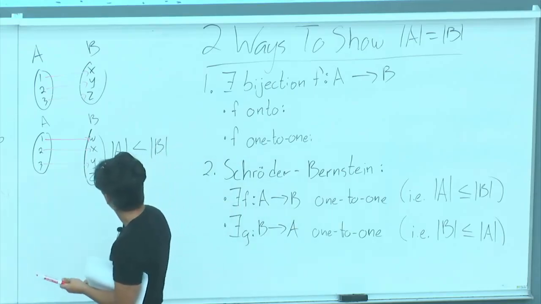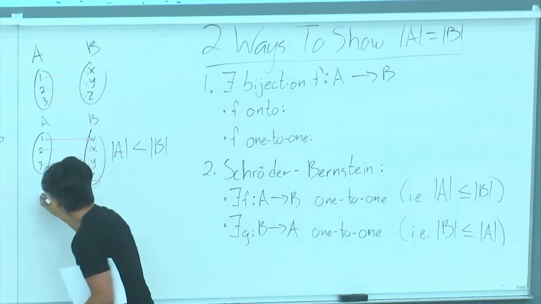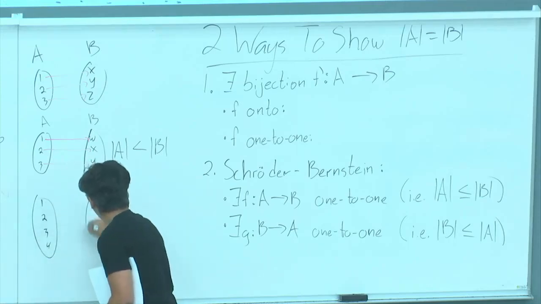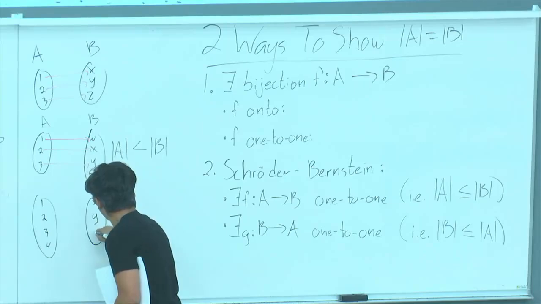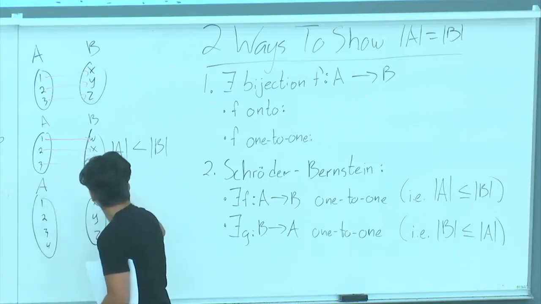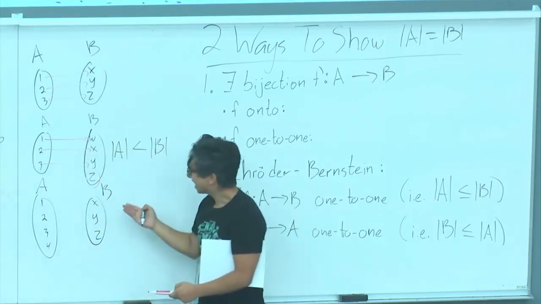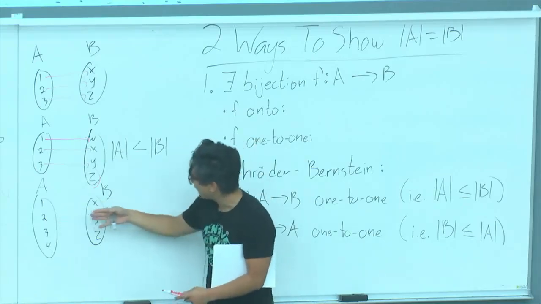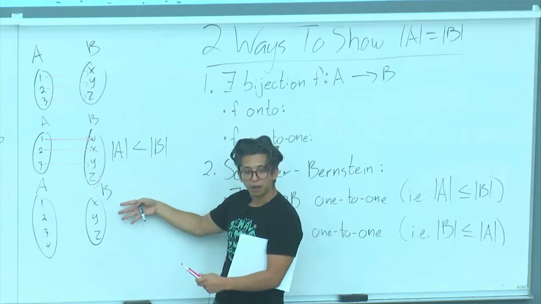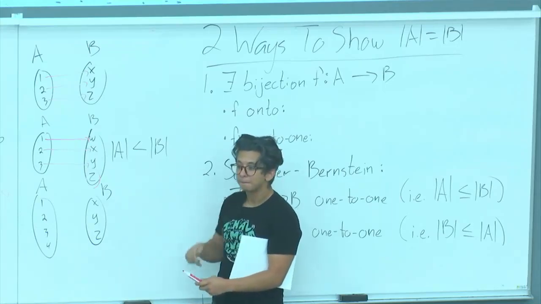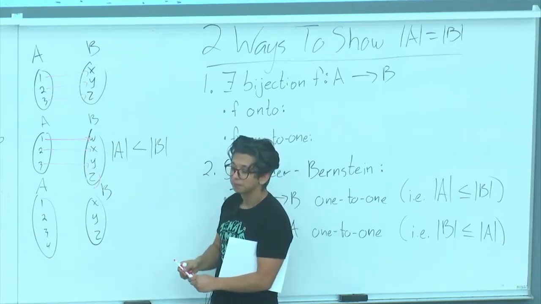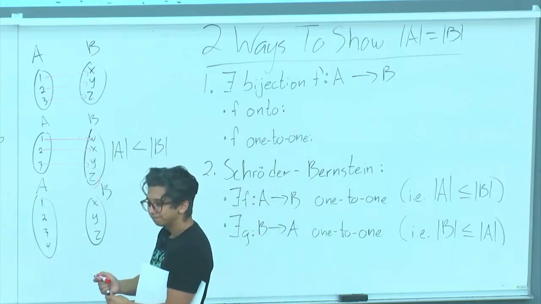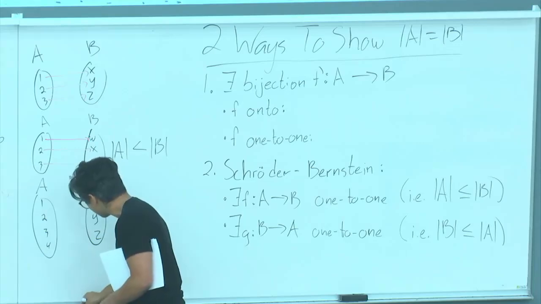And now our last example is, let's say we have 1, 2, 3, 4, and we have X, Y, Z. Similarly, what's going to go wrong here? If I try to map the things in A to B, what's going to be the problem? Yeah? Something in B will either be pointed to twice, or some element in A will point to nothing. Exactly.